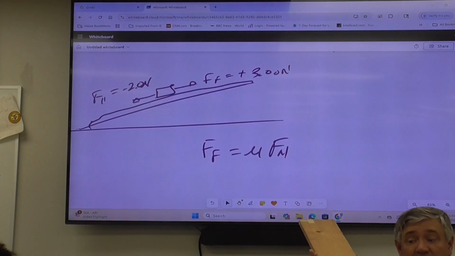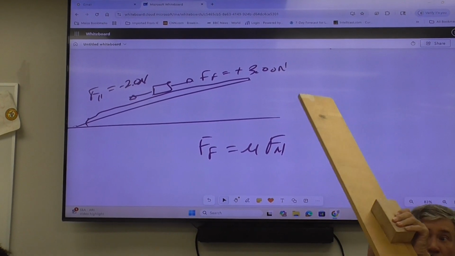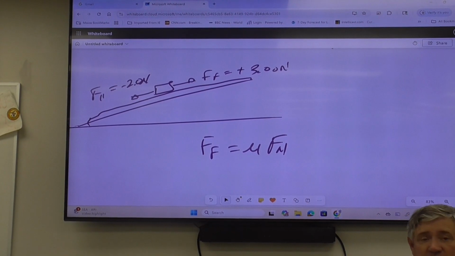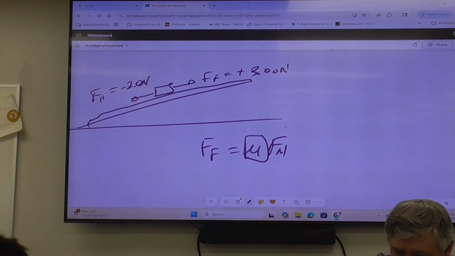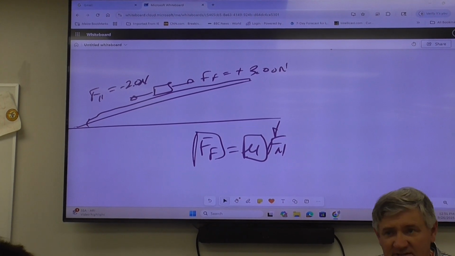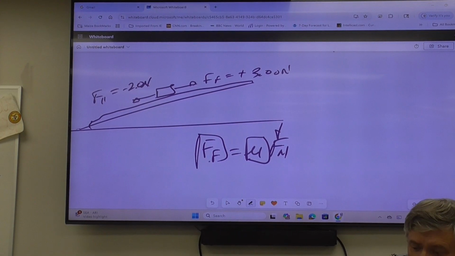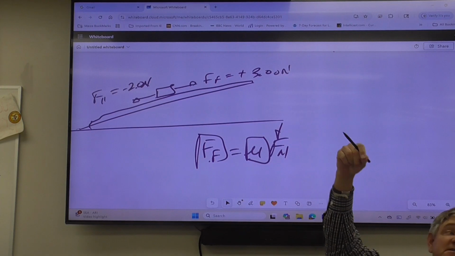It becomes smaller, because less and less of that weight is acting into the board. More and more of it is going into the force parallel. So as I lift it up, if you assume that mu remains constant, your force friction is becoming a smaller number, but as you lift it, what happens to your force parallel? It increases. It gets bigger.